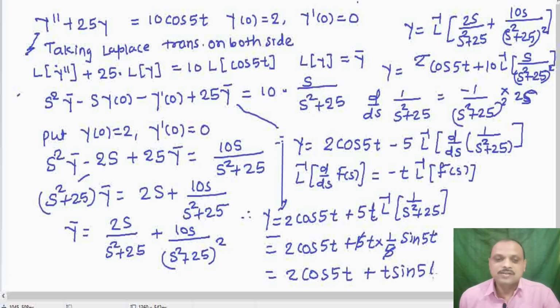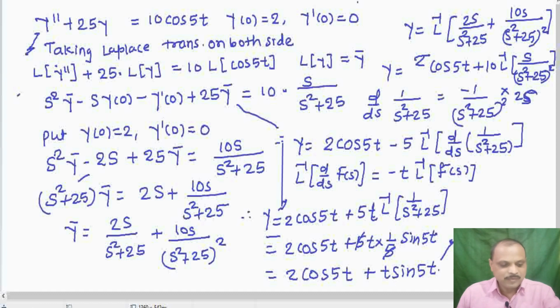This is the answer of this problem. So you have seen how we can solve differential equation initial value problems by using Laplace transforms. So let us see one more example.